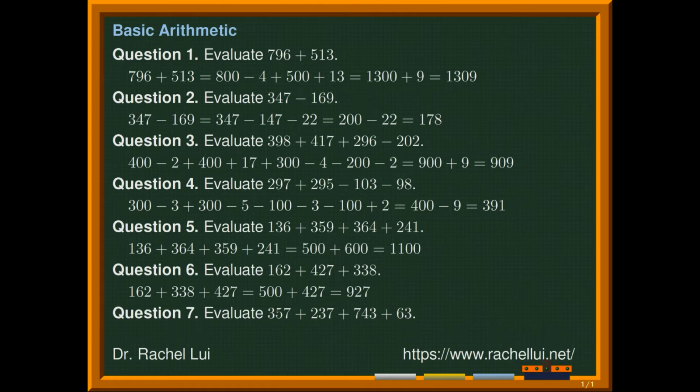Evaluate 357 plus 237 plus 743 plus 63. Similar to the previous examples, I will group these two numbers together. So 357 plus 743 gives us 1100, and 237 plus 63 gives us 300. So adding up, I have 1400.